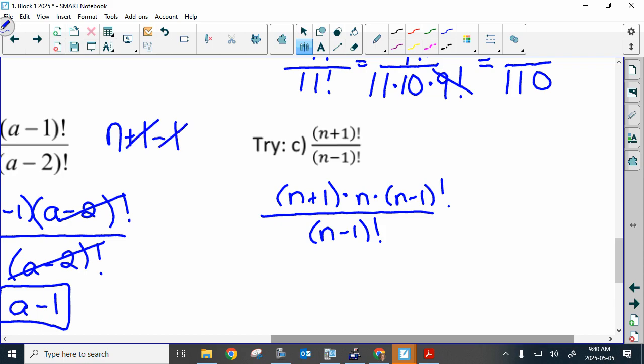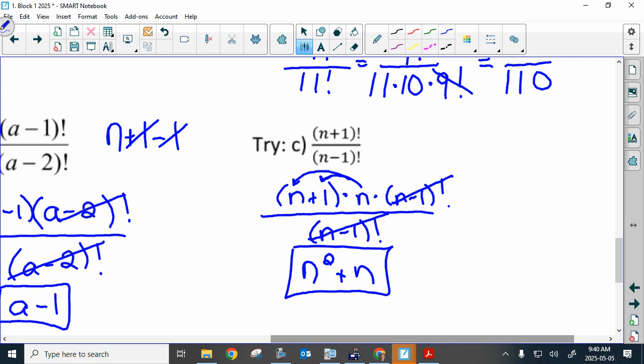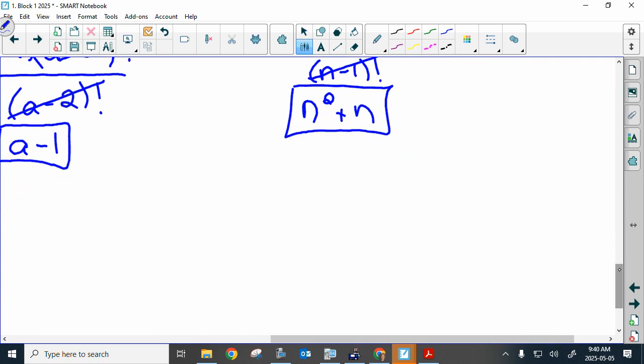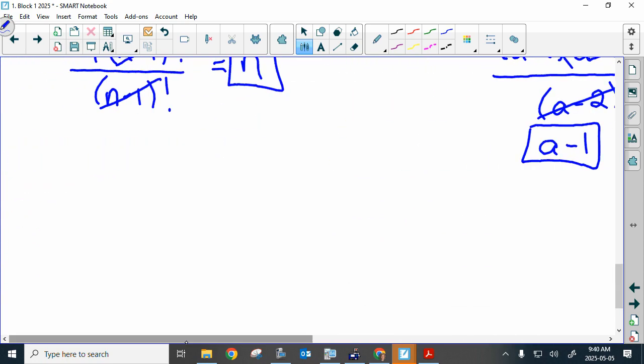Like you guys get that, right? And you could show work if you want, and then take one less than that. So now that they match, now that the n minus 1 factorial pairs the n minus 1 factorial, my simplified expression is n squared plus n. Okay, so you have to be able to work with factorial notation with the variables. And this goes beyond 30-2 curriculum. Is that the last one on this page?